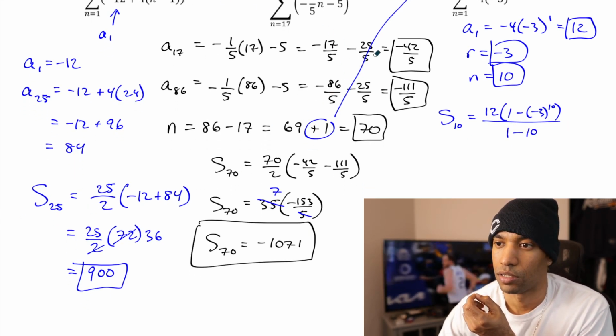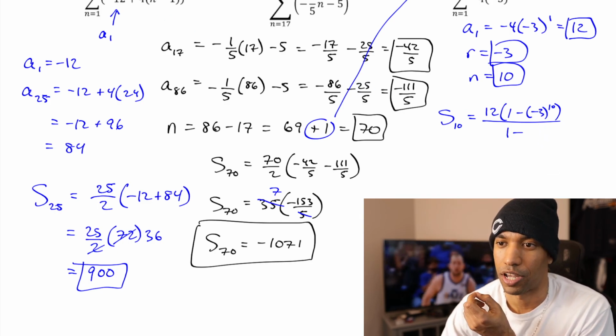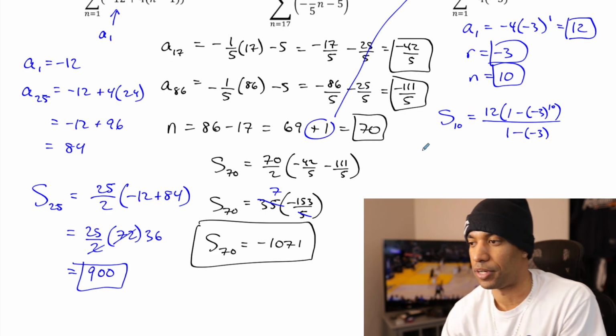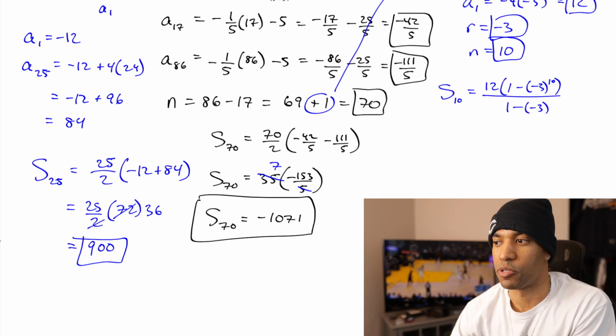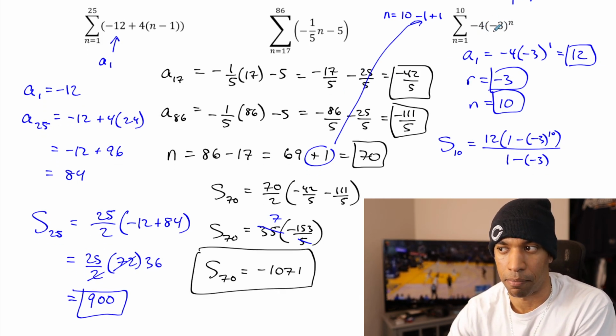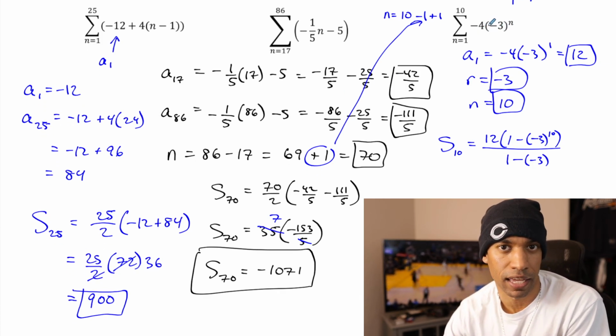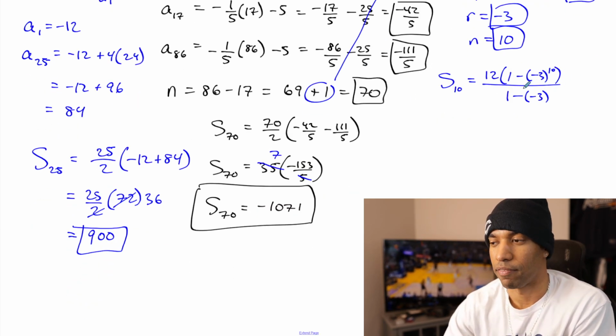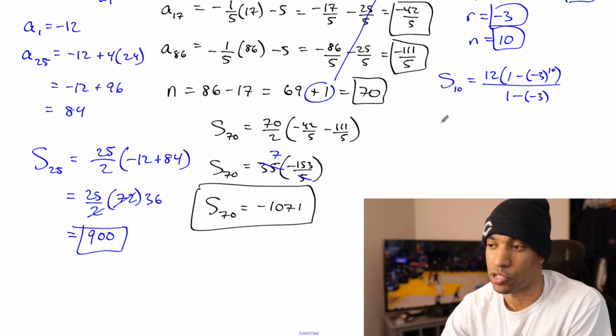It looks a little bizarre because of the fraction, but everything in this sum is going to be an integer, since you're multiplying an integer by negative 3 over and over. So if everything goes right, it should be an integer answer.